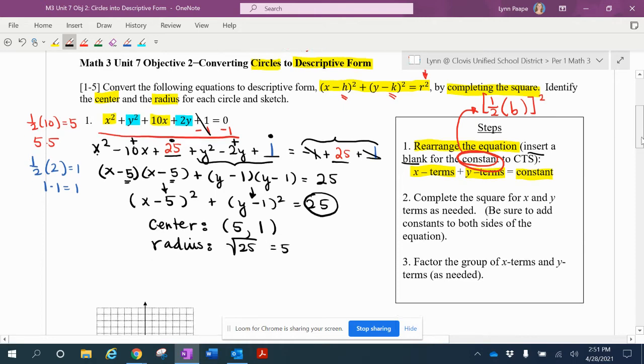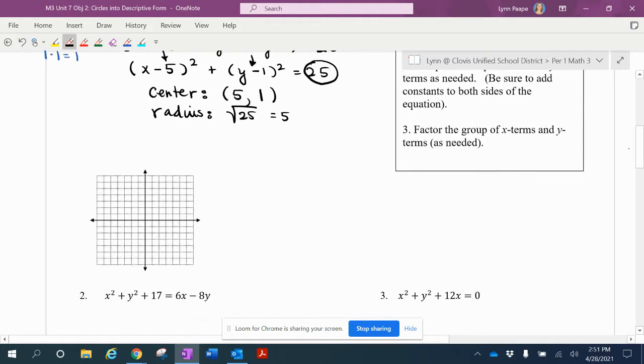So now that I have my center and my radius, I can go ahead and graph it. So my center is 5, so over 5, and up 1. And then I have a radius of 5, so I'm going to just do the compass coordinates, so to speak. So I'm going to go up 5, there's the north, and then I'm going to go down 5, there's my south, and then I'm going to go left 5 and right 5.